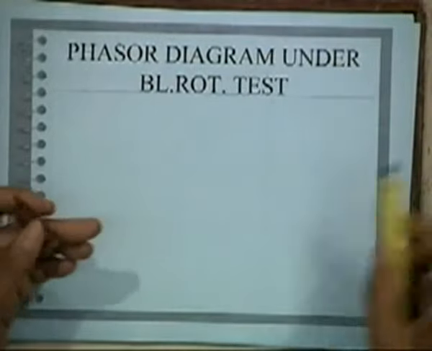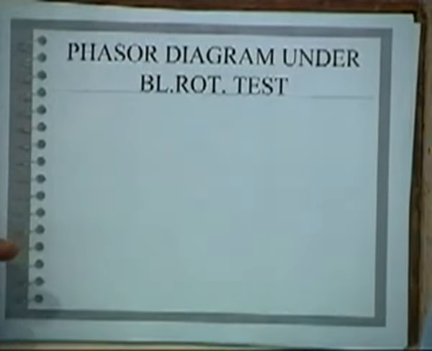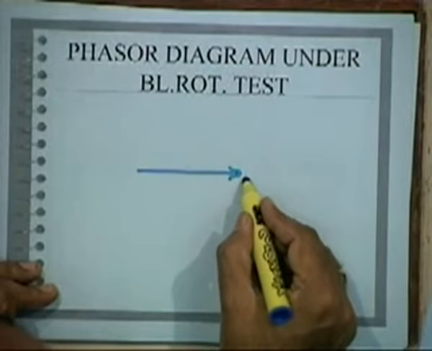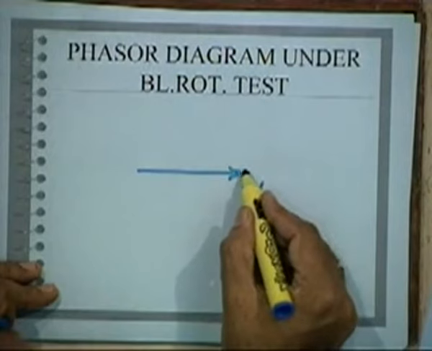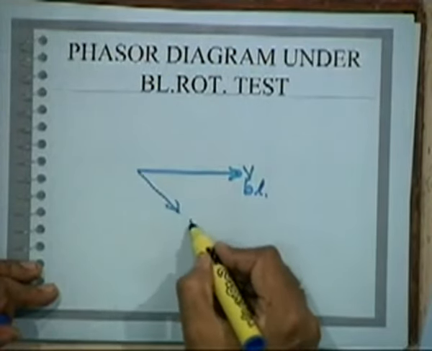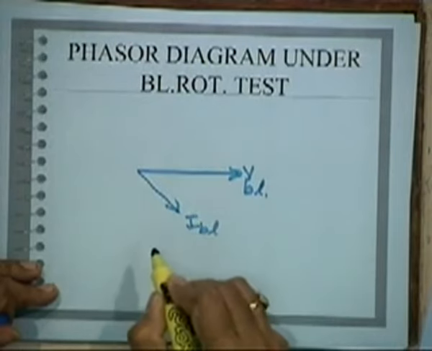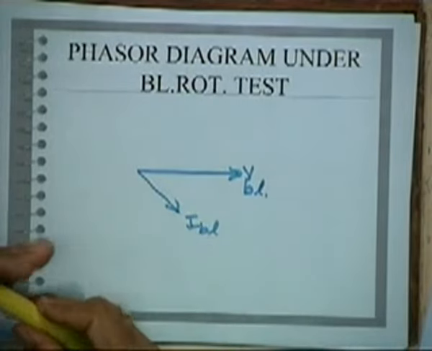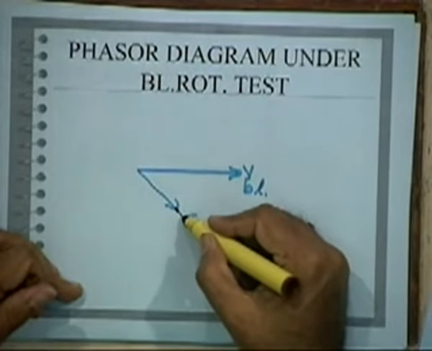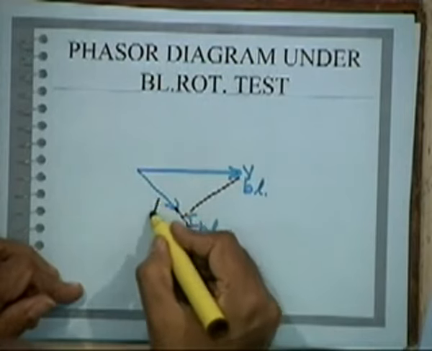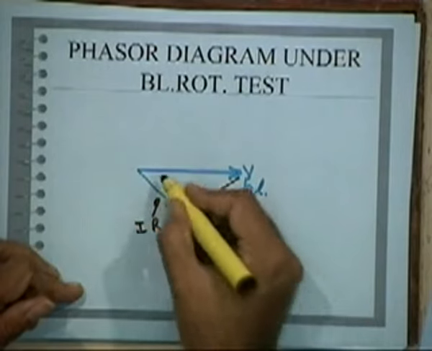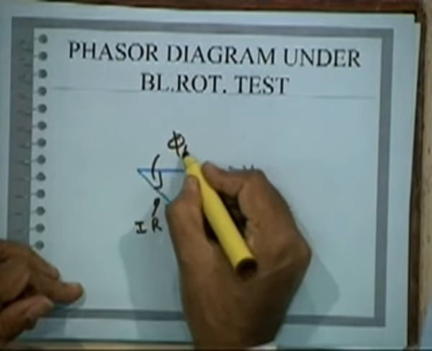Then what will be the phasor diagram under blocked rotor test? You have the V blocked rotor, and somewhere I blocked rotor. This will be IR, this will be IX, and this will be, let us say, phi blocked rotor.